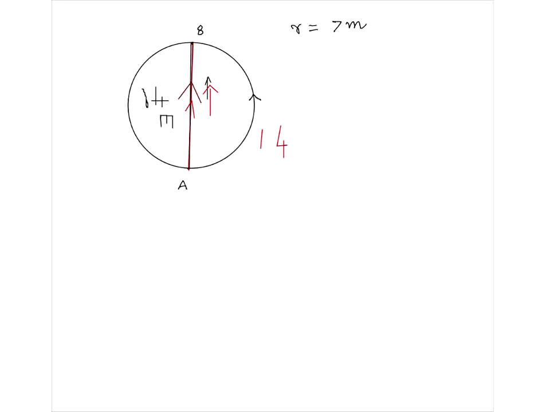Okay. Now suppose we change the question a little bit. Suppose we say that particle reaches B, but doesn't stop, again goes to A, and then again goes to B. So basically one full turn, then half more turn.